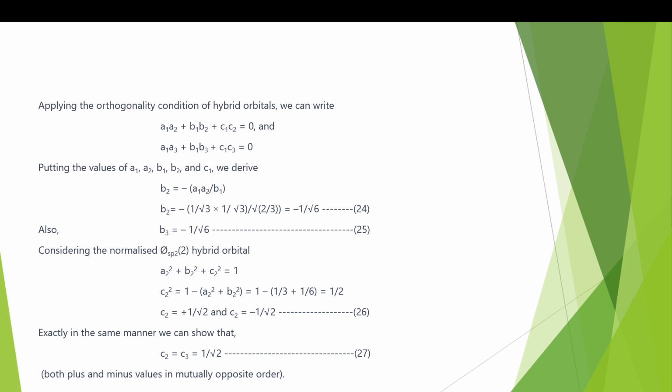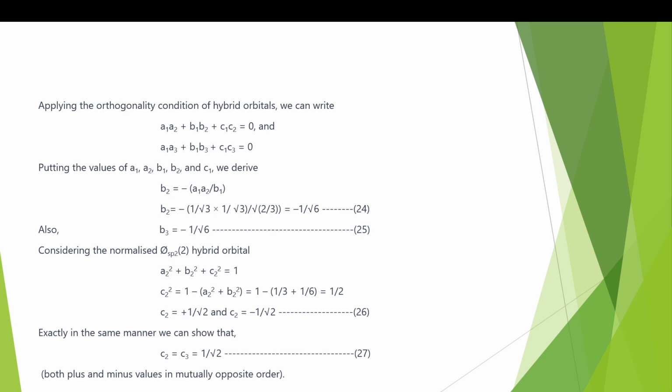Now apply the orthogonality condition. A1 A2 plus B1 B2 plus C1 C2 equal to 0, and we know C1 is 0. We know the value of A1, A2, B1. Therefore, we can evaluate the other one, B2.